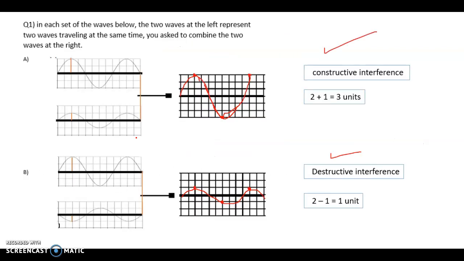Here I forgot to mention that we call this a resultant wave. Resultant is a combination of two waves or more. In our case, we only studied two-wave interference, so it is a resultant wave.